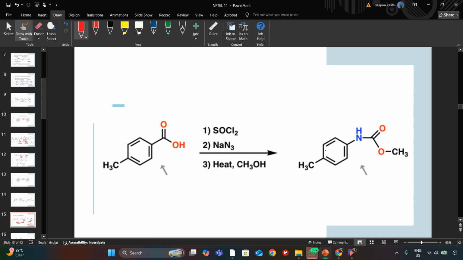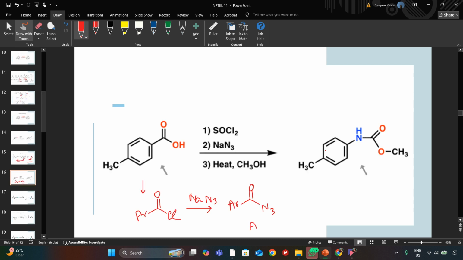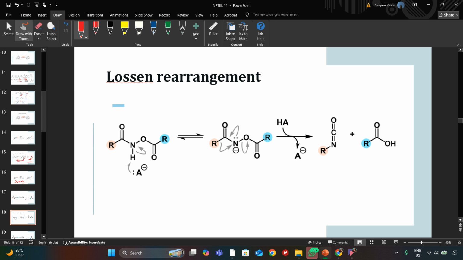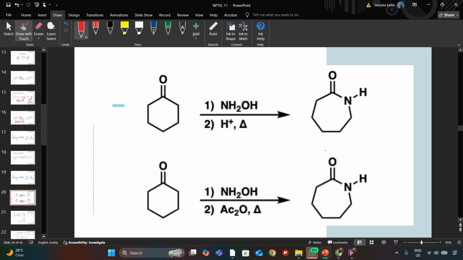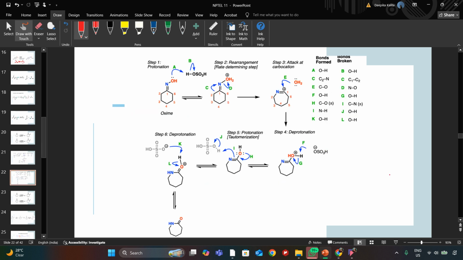After that, we went through the mechanism of Curtius rearrangement reaction and a very similar reaction, which is Lossen rearrangement reaction. And then we saw how a very long reaction mechanism is followed in case of Beckmann rearrangement, and these were the bonds formed and bonds broken throughout the course of the reaction.